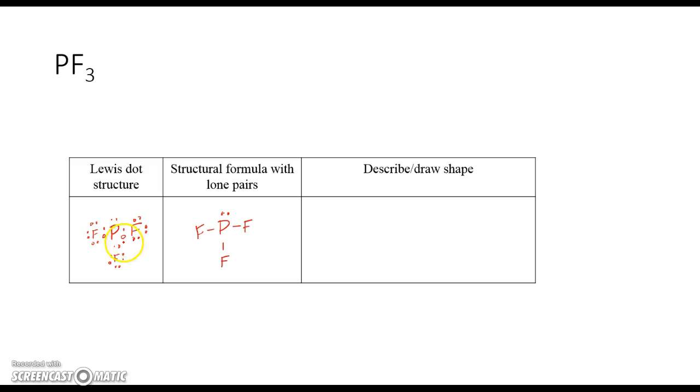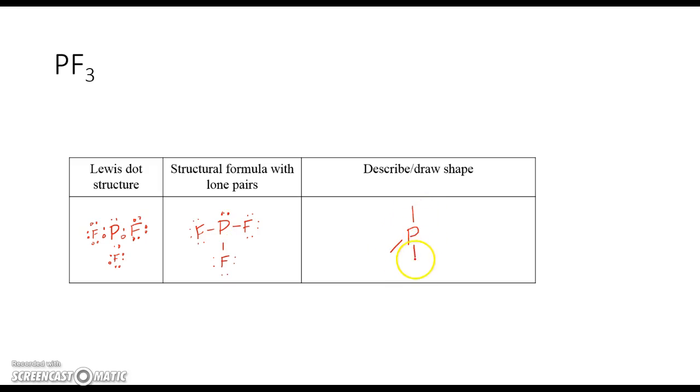So fluorine will attach to those regions, and it has 7 valence electrons. If we were to rewrite that as a structural formula, you'll see that phosphorus has still 4 electron domains, one here, one here, one here, and one here.